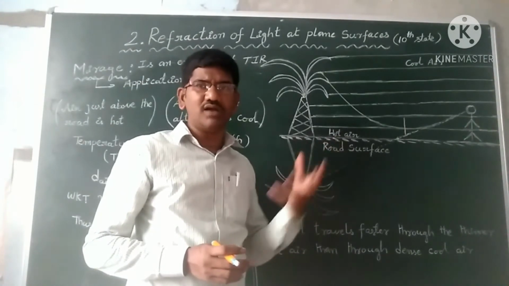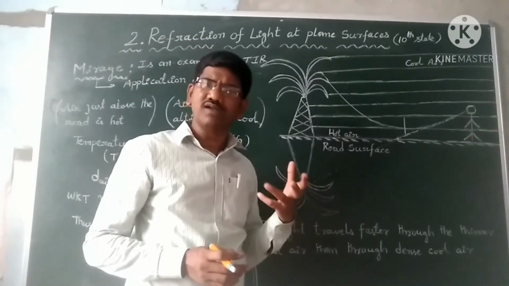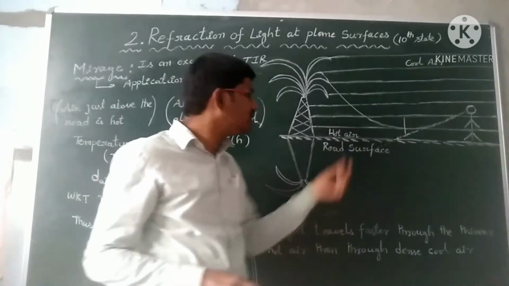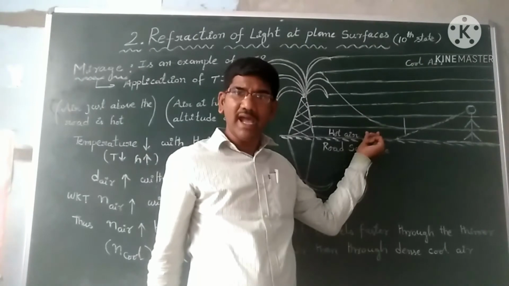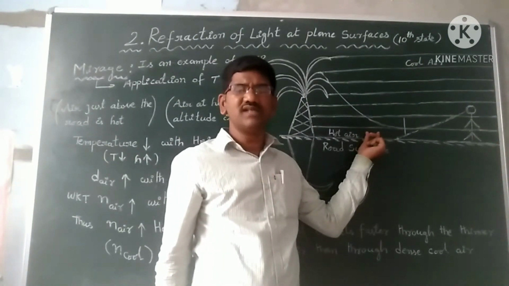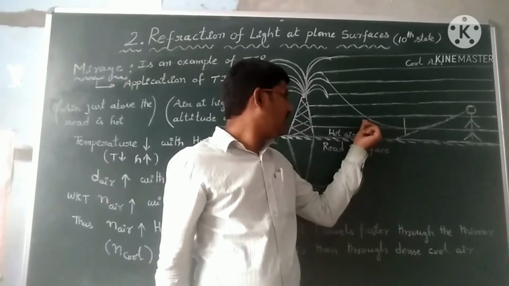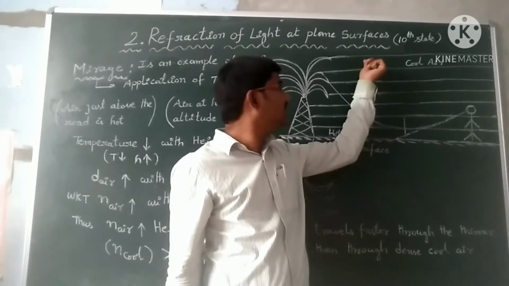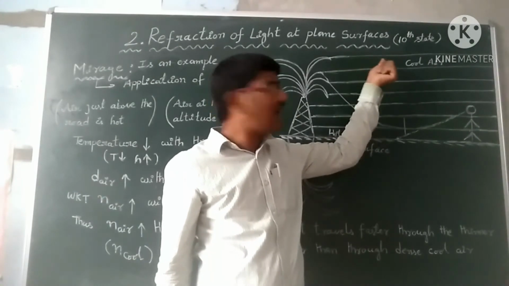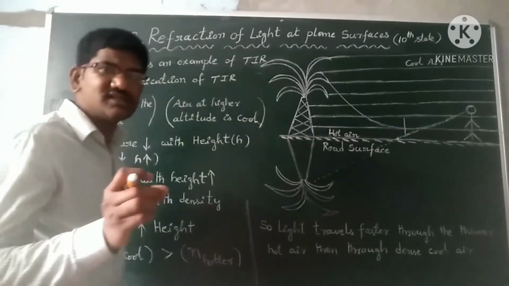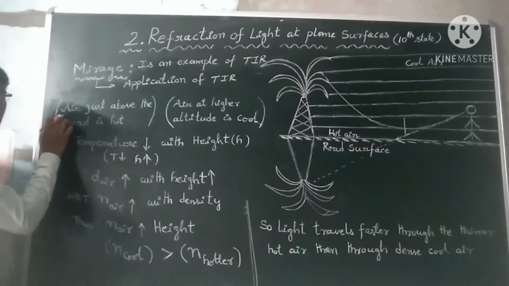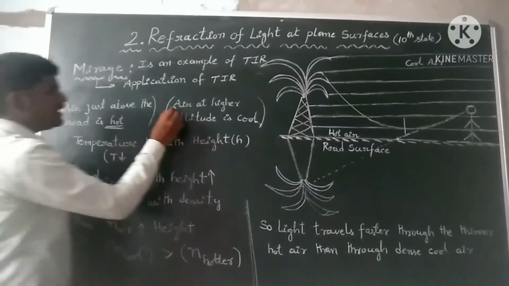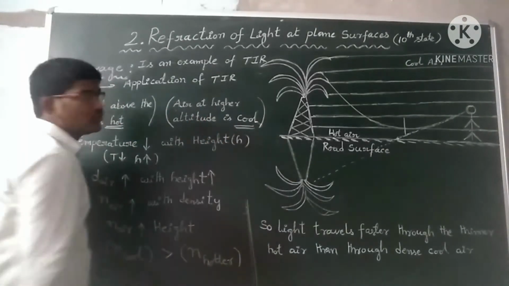Because on a hot sunny day the road gets heated and the air in contact with it also gets heated. So we have hot air on the surface of the road, and if you go up, it is a little less hot and less hot, and here we have cool air. So what is the sentence given? On a hot summer day, air just above the road is hot and air at higher altitudes is cool.